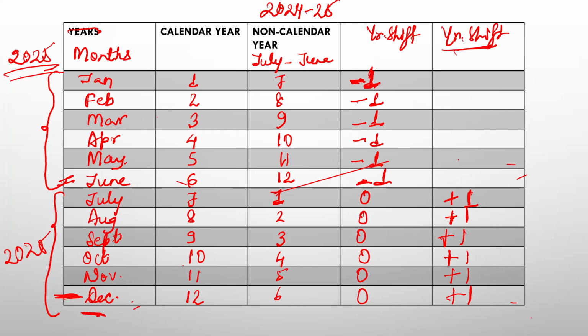Earlier the calendar year was 2024, so we had to take 1 year forward, plus one. But now, when we actually attend 2025, there is no shifting of year. Even the client wants the same year, right? So from January to June, the year shift will be zero. So this is the concept of year shift.